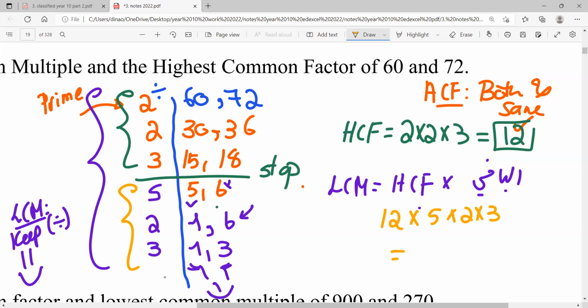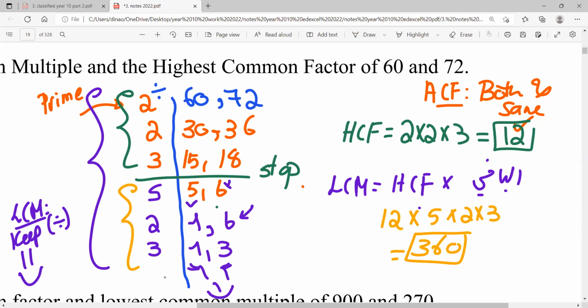Let's put it on the calculator: 12 times 5 times 2 times 3 equals 360. So this is the LCM. And we said LCM means lowest common multiple, meaning the first number, the first multiple that exists in both times tables of 60 and 72.